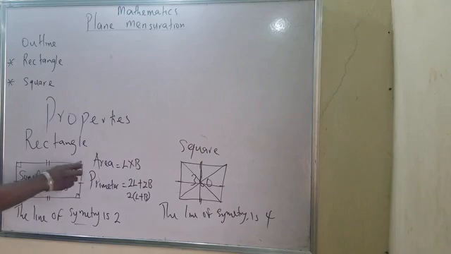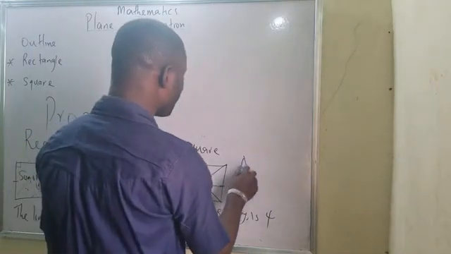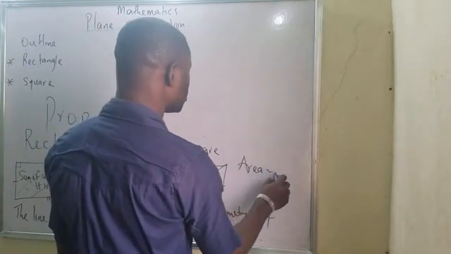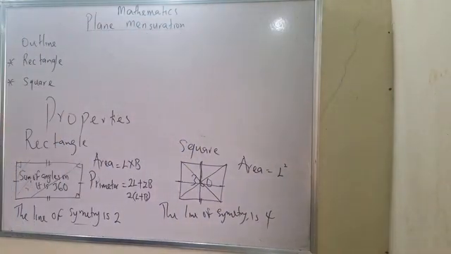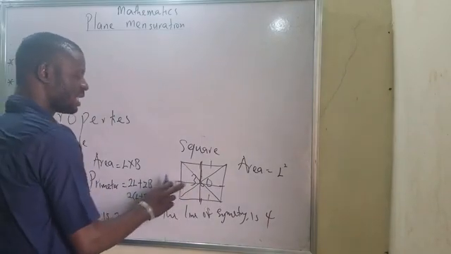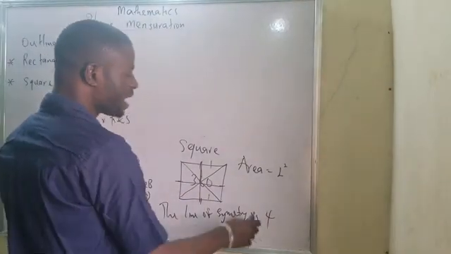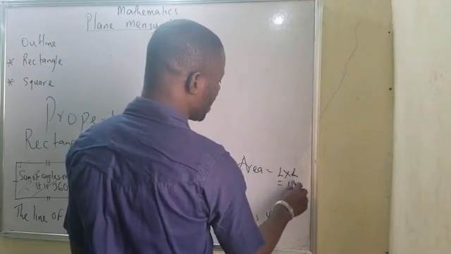This is the area we're talking about. Now, the area of a square is L squared. Since all sides are equal, length times breadth becomes length times length, which is the same thing as L squared.